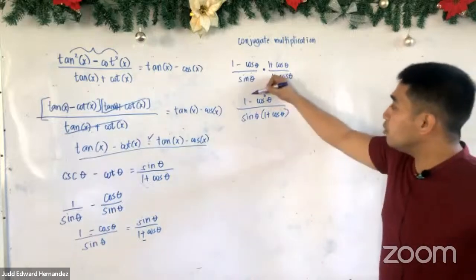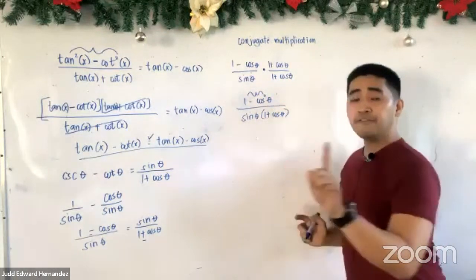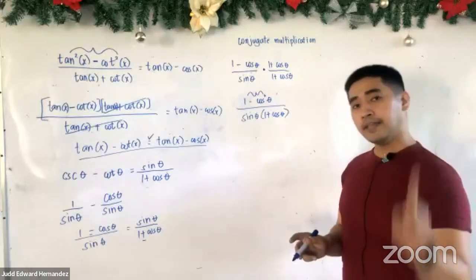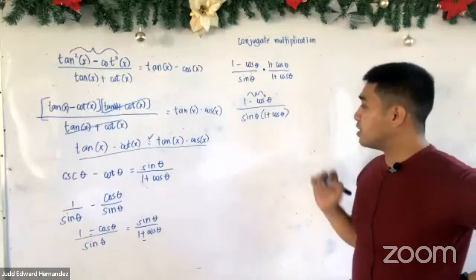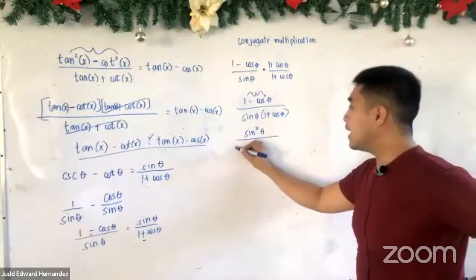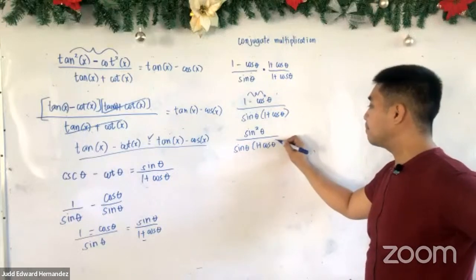But what do we know about this part? Guys, what do we know about this part? It came from the first Pythagorean identity. At pag sinabi natin 1 minus cosine squared theta, saan siya equal? Sine squared po. Sine squared theta over our denominator, sine theta times 1 plus cosine theta.